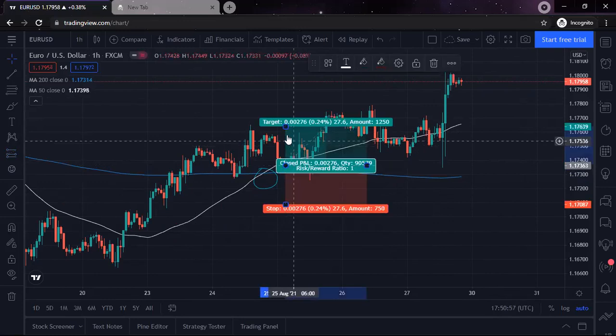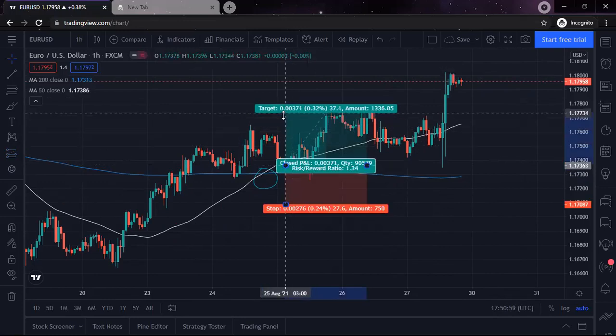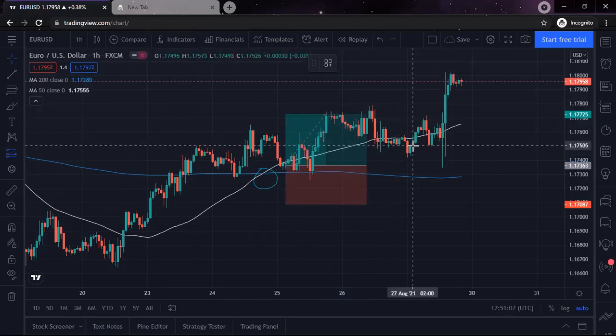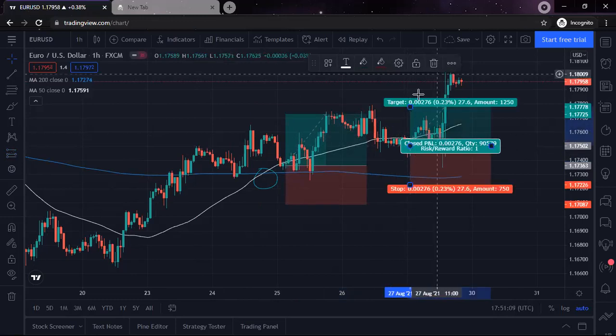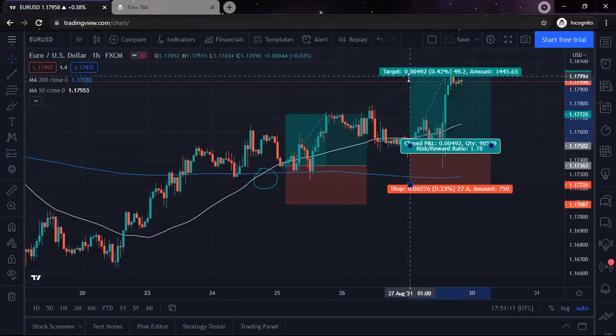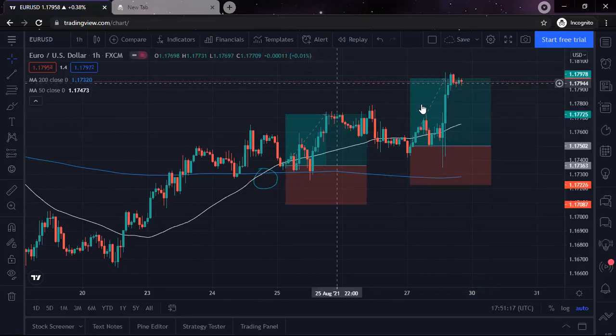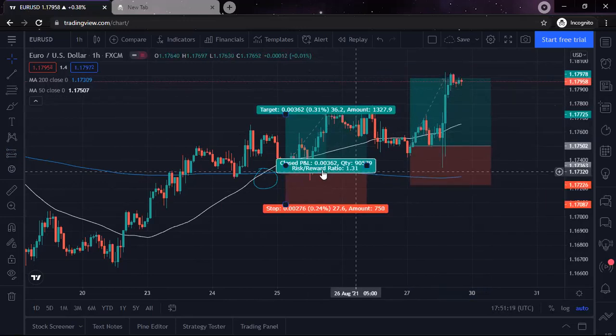So let's say you cut 36 pips right here, and then you cut another 36 pips right here. Let me say no, it's more than 36. Okay, 47 pips. So 36 plus 47, you've gotten like this.